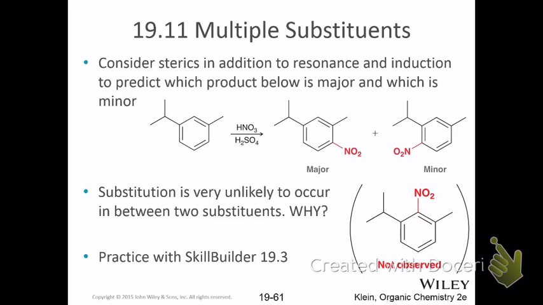Now, regardless of how you do this, one of those is always going to be the major product because one of the reagents is so big. Which one's the major product? Para, because it's so big, it's going to want to place it far apart. So regardless of how you do it, this is major.